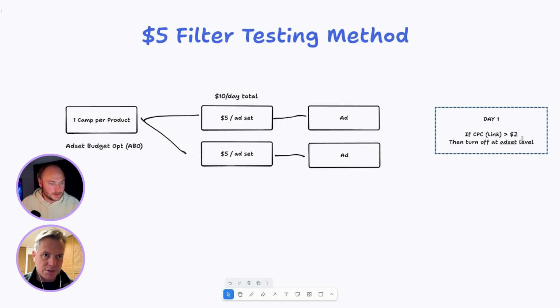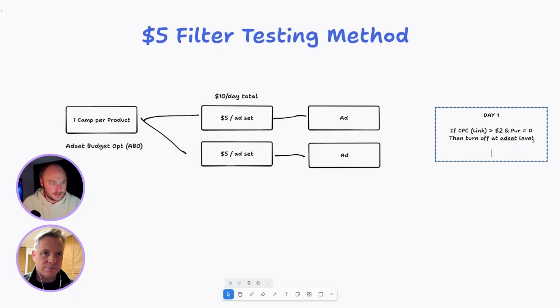If cost per purchase equals 0, then turn off at ad set level. That's right. So if CPC link is less than $2 or purchases are greater than 0, then let it run one more day. That's right. So this is day 1.